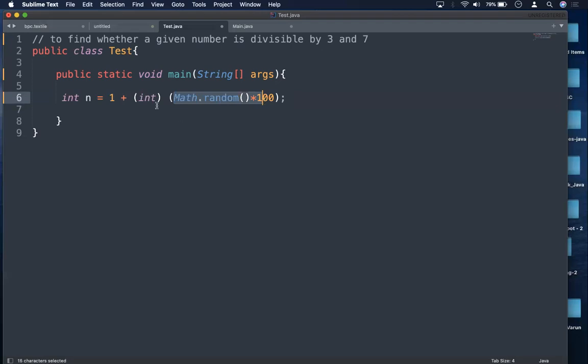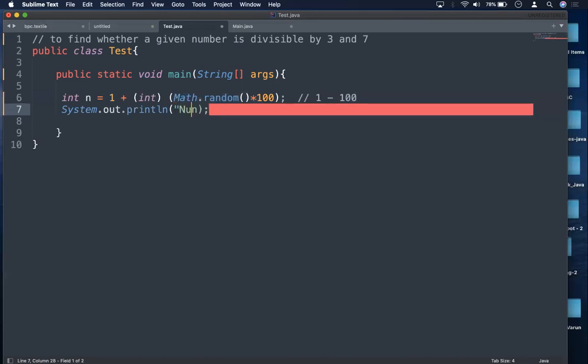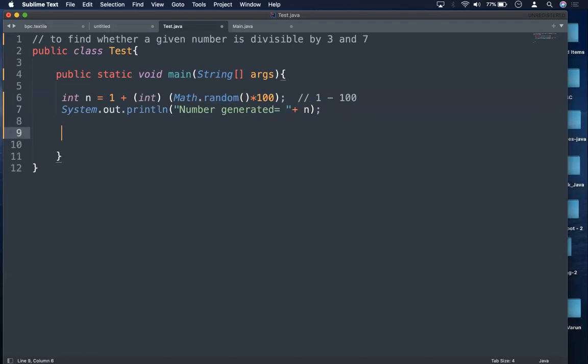I'm going to add 1, so it will become 1 to 100. And the number got generated. We can print that number just to understand. Let's say: number generated is equal to this particular n value.